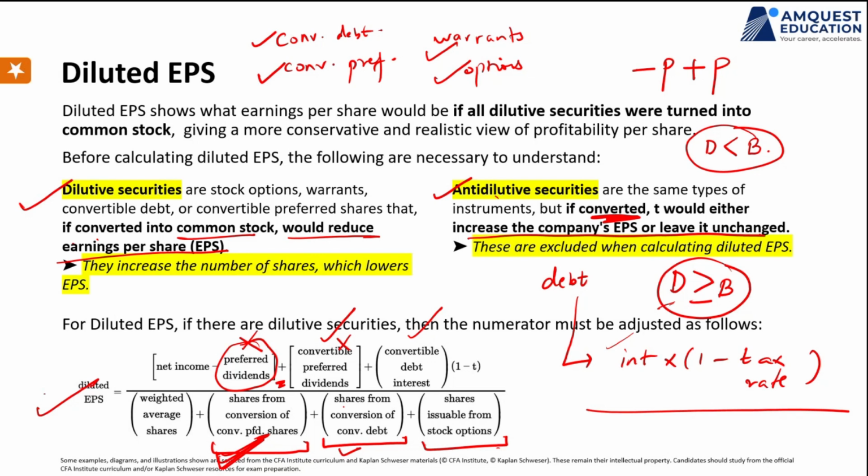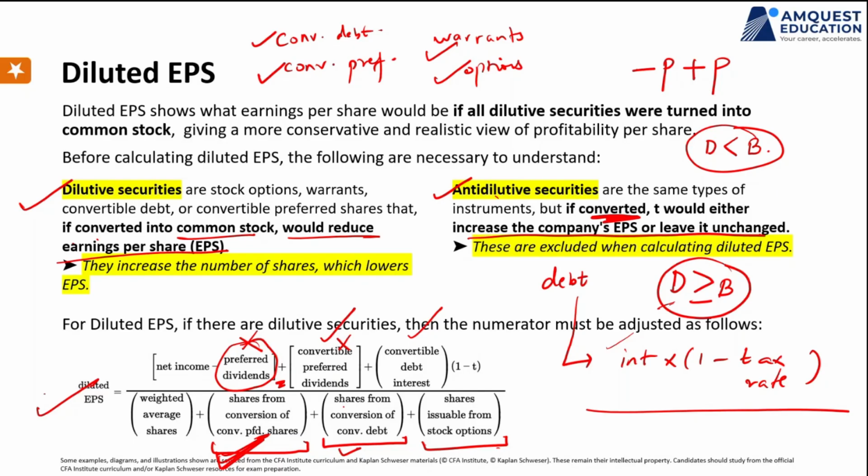So in exam, we are not sure what type of questions will be given to you, right? So in some questions you can find debt only, while in some other questions you may find debt and preferred shares. So you will have to adjust the equation for whatever is available.